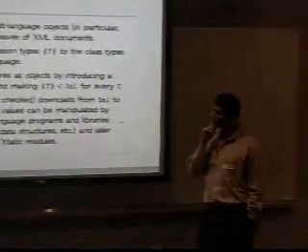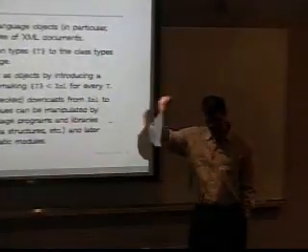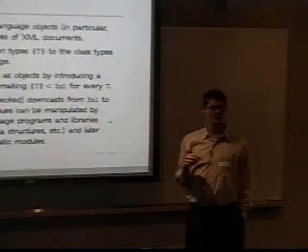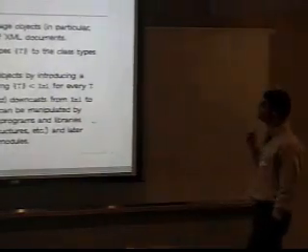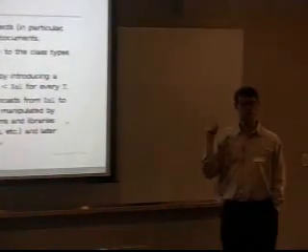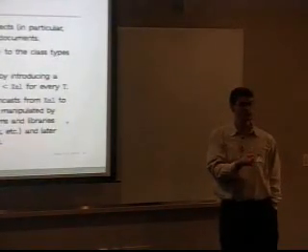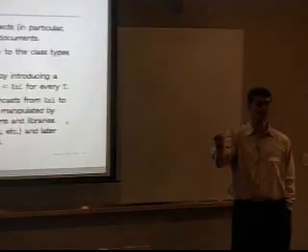Okay, next, we want to be able to use host language facilities like generic containers, lists and hash tables and whatnot, to store our XML things. So we need to be able to treat XML structures as objects.